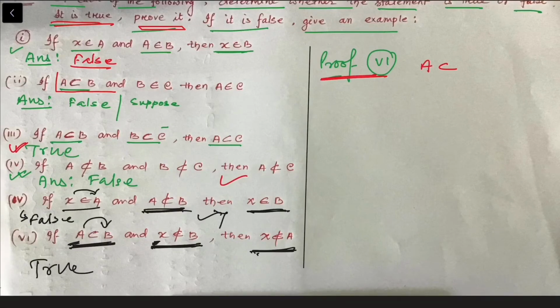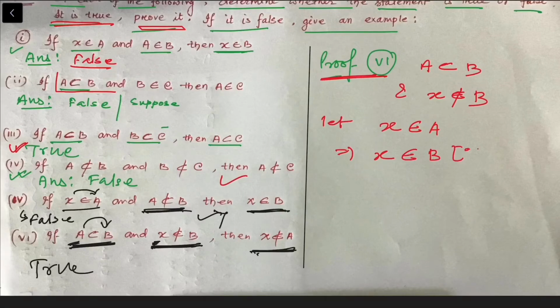It is given that A is a subset of B and X doesn't belong to B. Let us suppose X belongs to set A. If X belongs to set A, then it implies X belongs to set B, since A is a subset of B, and this contradicts the fact.